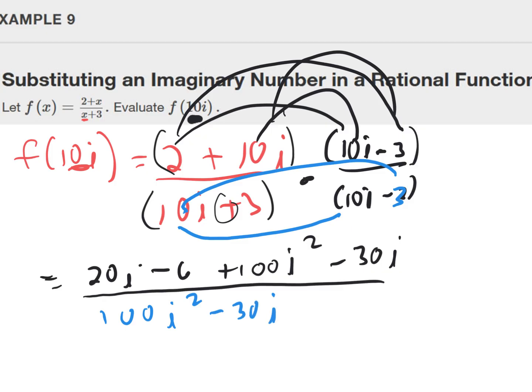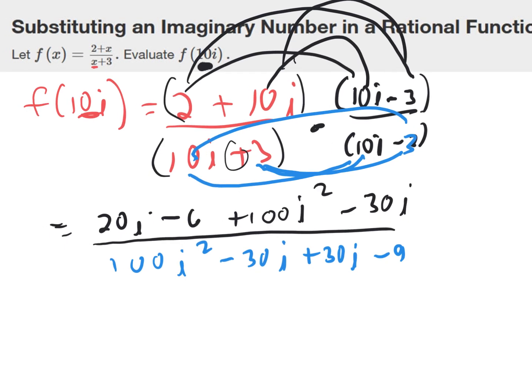Inner, a positive 3 times 10i, positive 30i. Last times last, a positive 3 times a negative 3. That's a negative 9. Oh, my goodness.